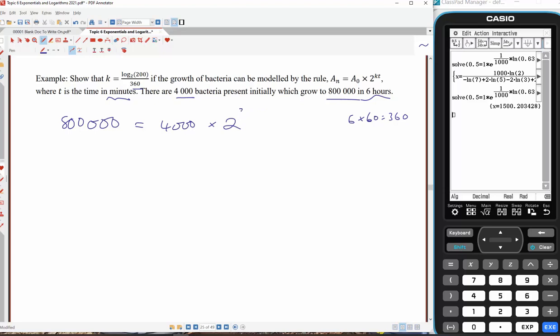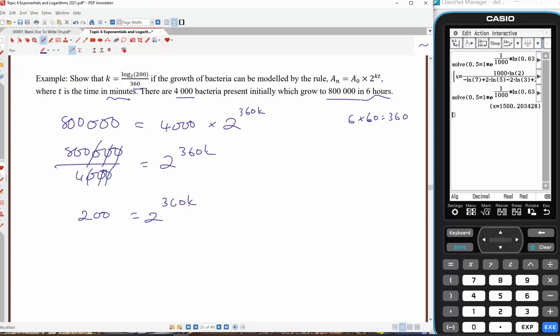2 to the 360k. So again, we're finding the k value first of all. Oh, that's actually all we need to do. Okay, so now what I'll do is I'm about to divide. So now 4 goes into 8, 2, 0, 0 equals 2 to the 360k.